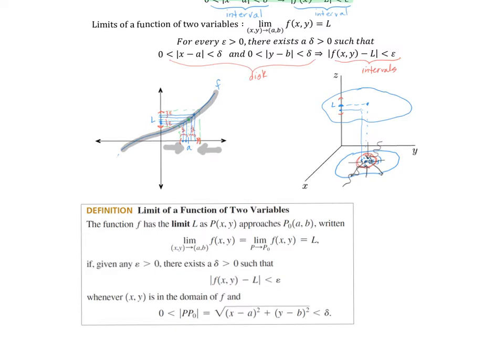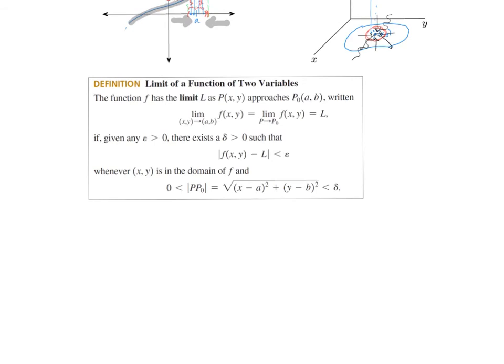So let's pause for a second, and we'll go ahead and look at the limit of a function of two variables. So let's say that we have some limit L as our points x, y approach some point a, b. And this is how we have to write it.